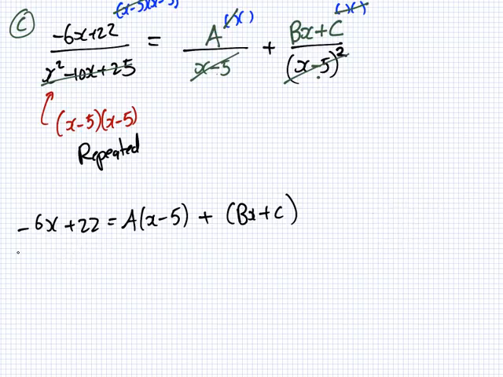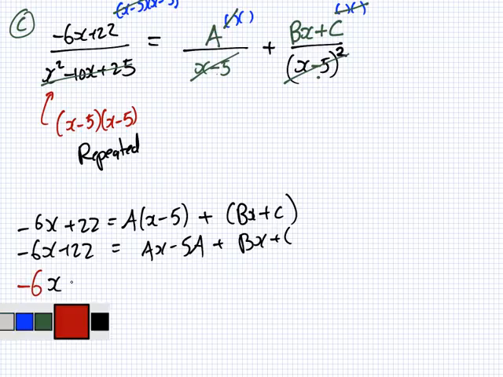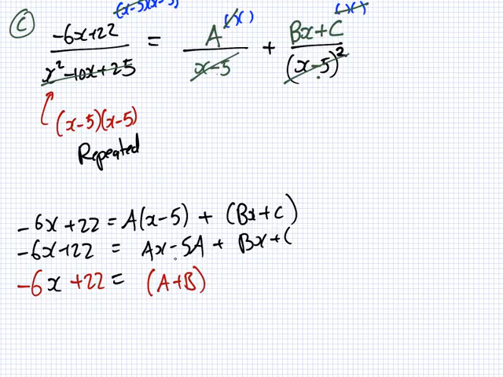So we have to simplify a little bit here. ax minus 5a plus bx plus c. So on the left I have minus 6x plus 22. And on the right, how many x have I got? a plus b, isn't it? The ax and the bx here, x.